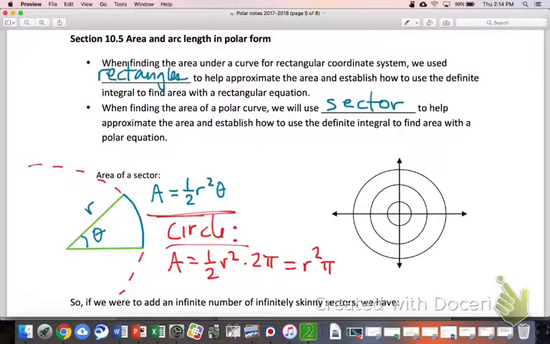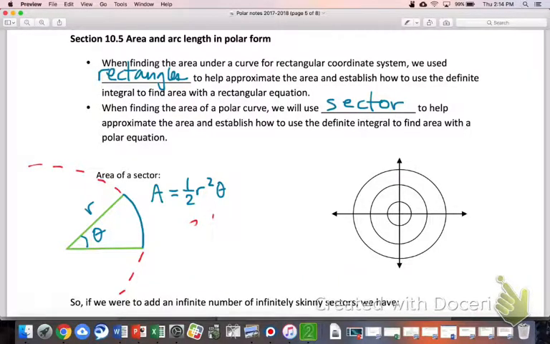So here's a basic example of what if we had a sector that wasn't the whole circle. Like that little piece of pizza right there, and what if we knew that the radius was 3 and the central angle, let's say, is pi over 4.